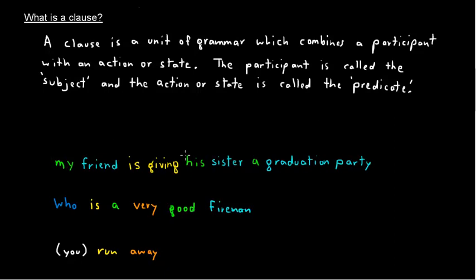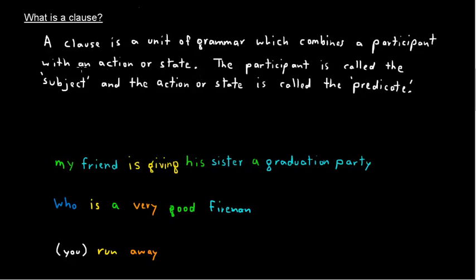So what we're going to do is take a participant, and this participant can be defined very broadly. And you'll see as we go through here that the term participant is very fuzzy. It's a person, a place, an idea, a process, like running, the act of running.